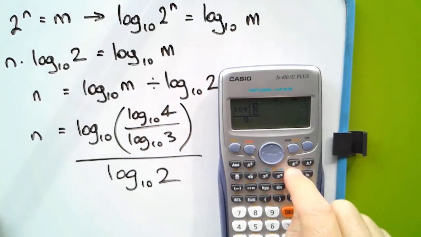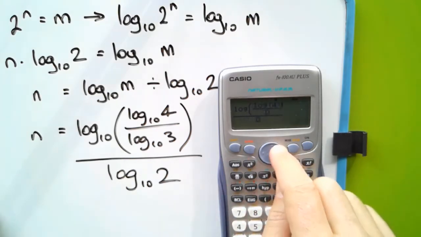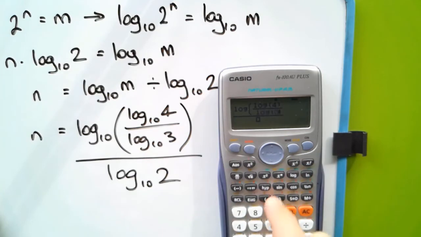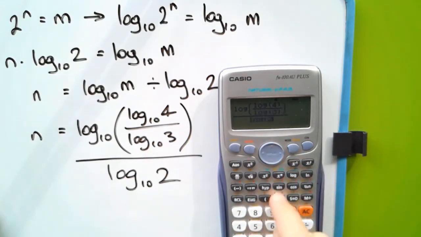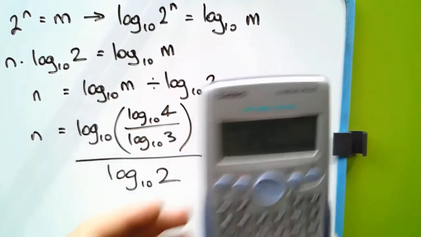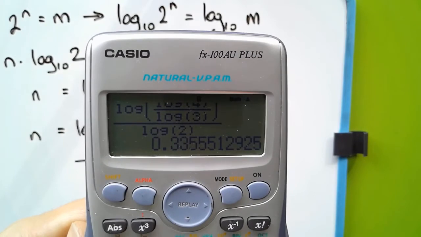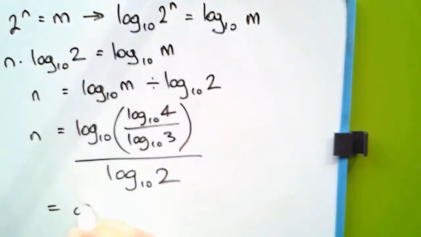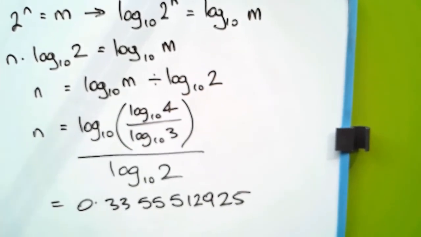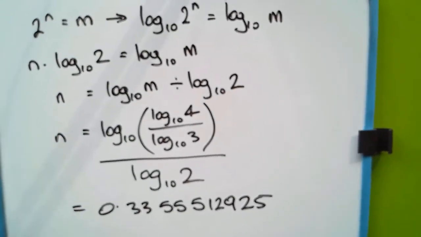We've got log base 10 of 4 over log base 10 of 3, close bracket, over log base 10 of 2. And you should find then that the answer is 0.335512925. Sorry, just reduce the exposure a little bit there.